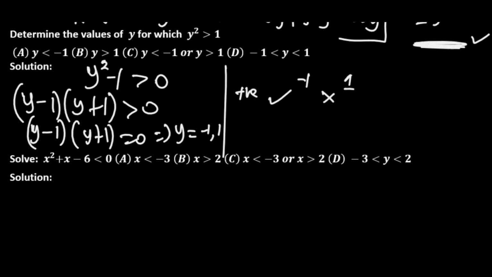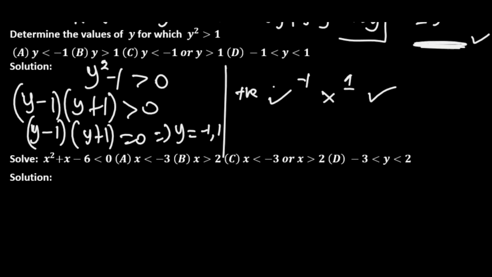And finally, let's test numbers greater than 1. 2. 2 minus 1 is positive. 2 plus 1 is positive. Positive times positive is what? Positive, which is correct. So that's it. Generally, if you have anything of this form, once the boundary on the left-hand side is satisfied, the one on the right-hand side must satisfy too. So it's either the outer two, or only the numbers between.